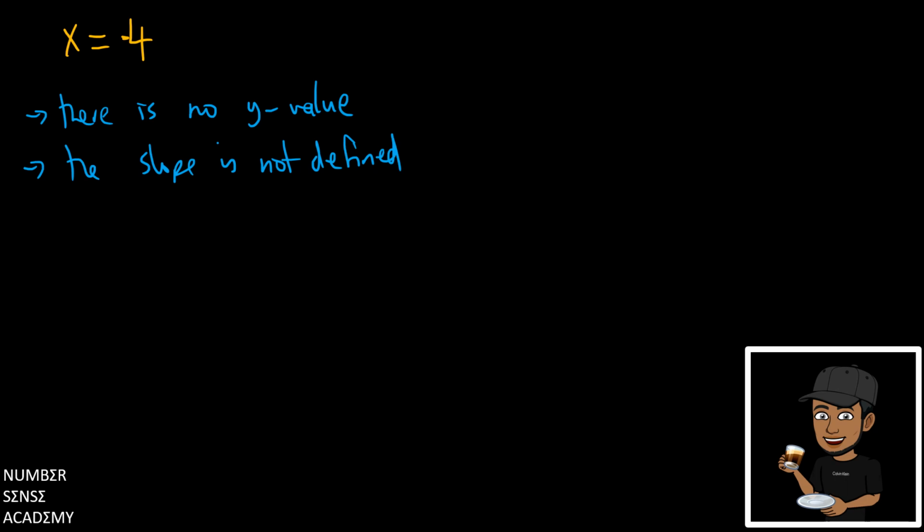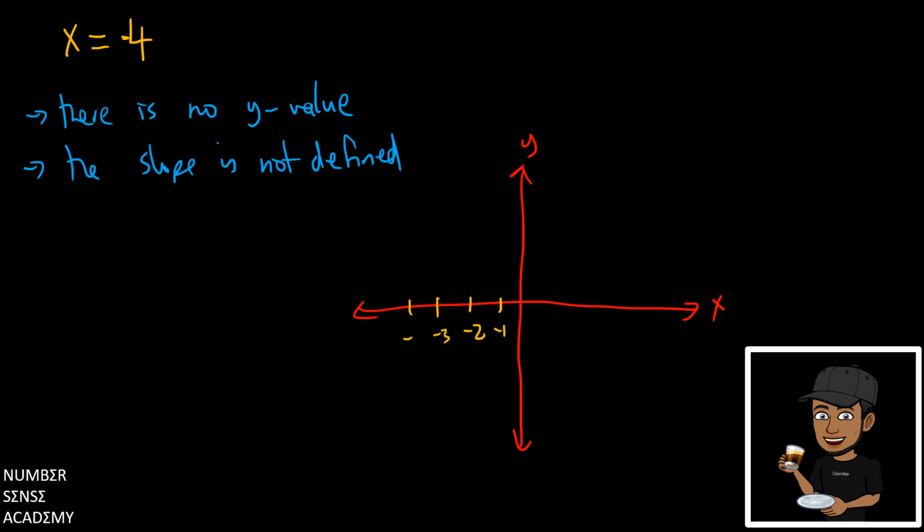This simply means that all we have is a line. So if I go -1, -2, -3, -4, and I locate this point, what I have is a line that goes through that point and it's parallel to the y-axis.